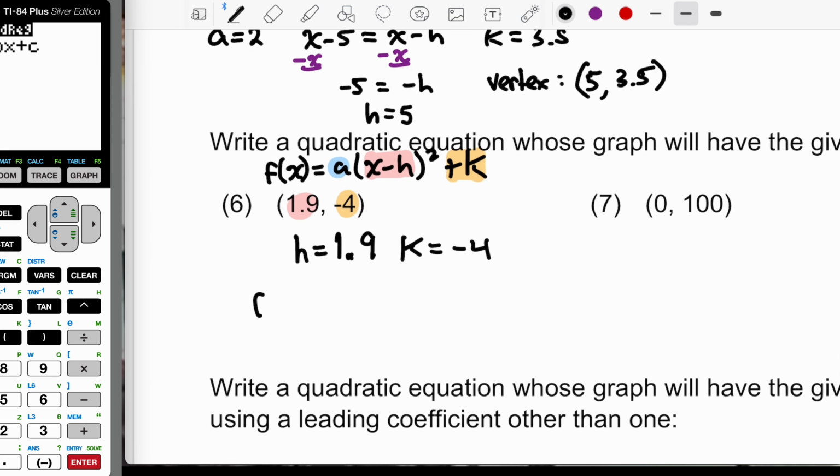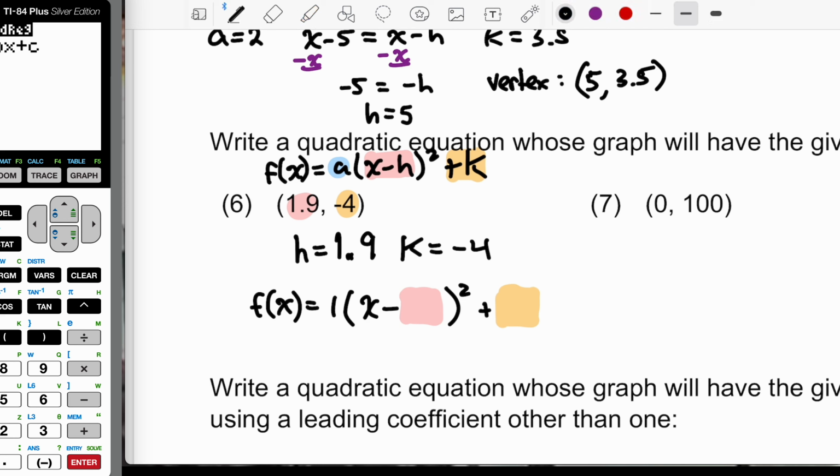So we're going to say f of x is equal to, pick an a value, I'll go with 1, keep it simple, x minus whatever the h value is, squared, plus whatever the k value is.